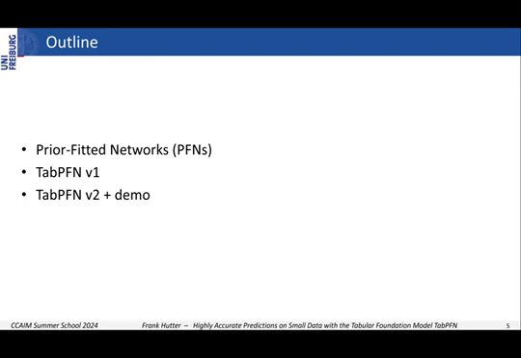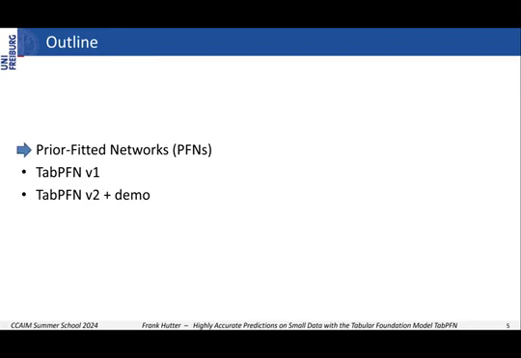And by turning the crank, we get a Bayesian posterior over our prior, what the missing Y values might be of this new data set that we're getting. This is TabPFN, a work we published in 2022. And since then, we've been building a new version that I'm going to give some results about. This is yet unpublished, but under review. And I'm also going to show a quick demo, time permitting.